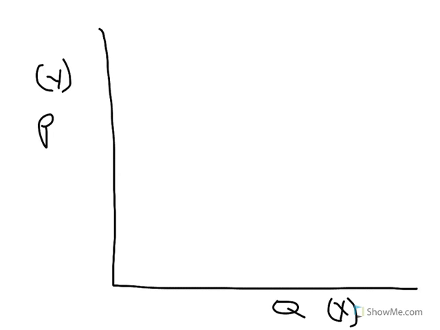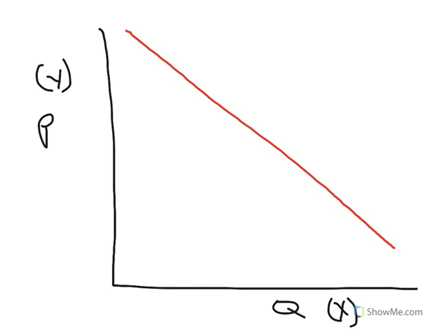Now, as we've learned in Chapter 3, the law of demand states that as the price of a product decreases, the quantity demanded increases. We would graph this by starting out in the upper left-hand corner and moving downward to the right.